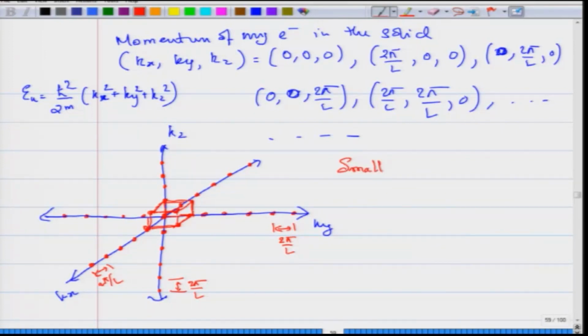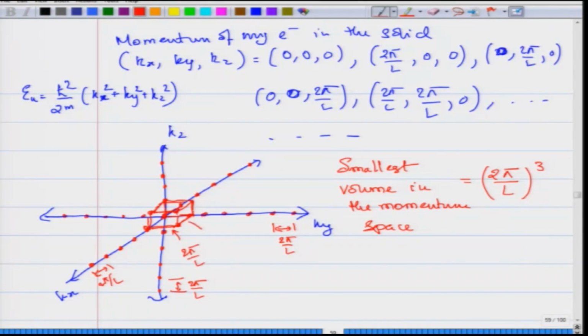So, the smallest volume in the momentum space is equal to (2 pi by L) the whole cube. This is the smallest volume because this distance is 2 pi by L, this is 2 pi by L, and similarly this length is 2 pi by L. Okay. You can show for yourself that this is the smallest volume. Below this volume there are no states which are available.